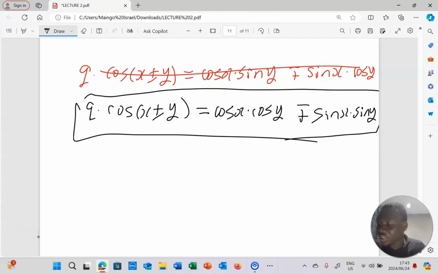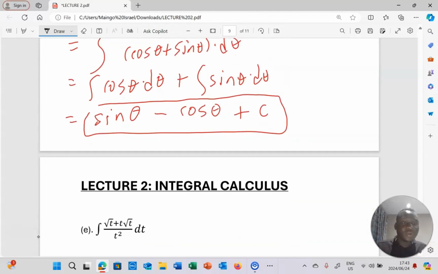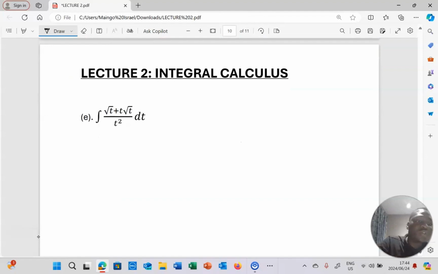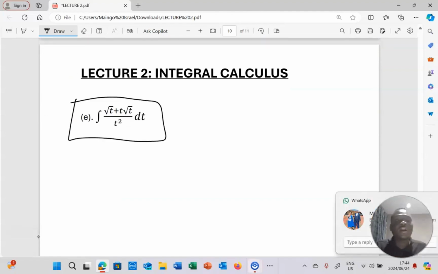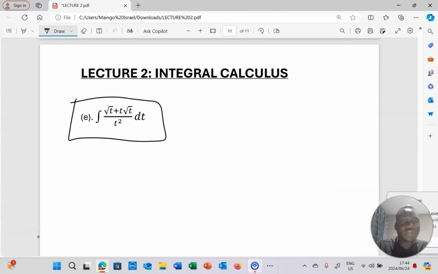So let's move to the other problem, which is number E. You can pause and try out this one. This is the integral of square root of t plus t times square root of t, over t squared, dt.